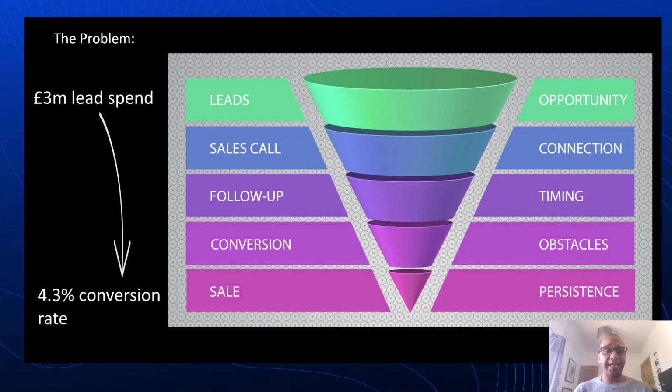So the problem we have is that with our fictional organisation here, they're spending approximately £3 million per year on purchasing leads. Now these leads, as we can see in this diagram here, then go through the sales funnel and decrease as time goes on, because obviously not every lead will convert into a sale. And in this scenario, this fictional company actually only has a 4.3% conversion rate.